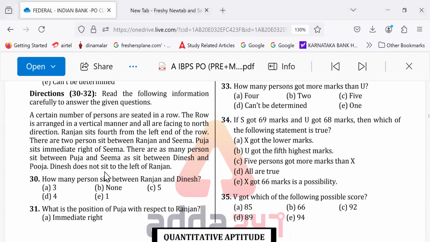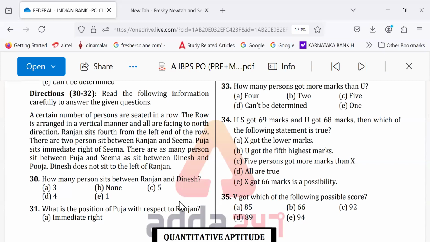Sir, if we put Seema towards the right side of Ranjan, then there are 2 people between Ranjan and Seema. Then Pooja is to the right of Seema, and then Dinesh is immediately to the right of Pooja. So like that, we have 4 people between Ranjan and Dinesh. Ranjan and Dinesh, 4 people.